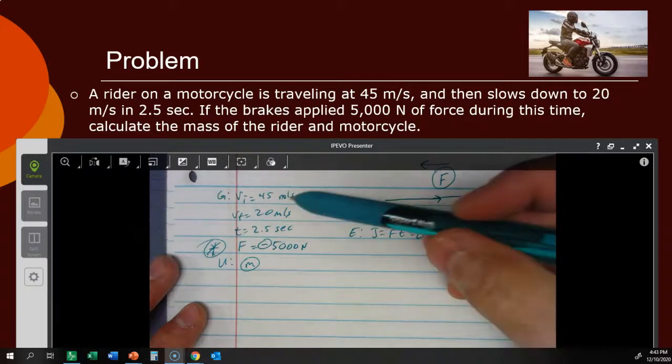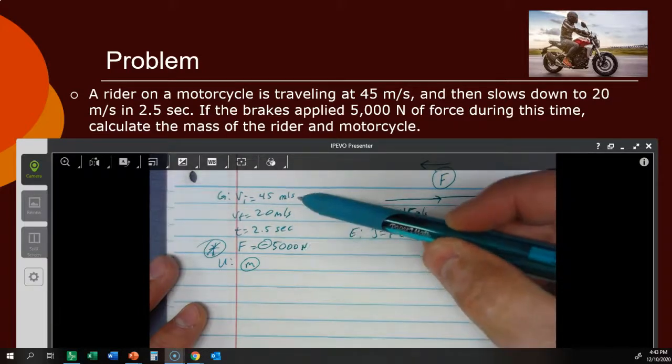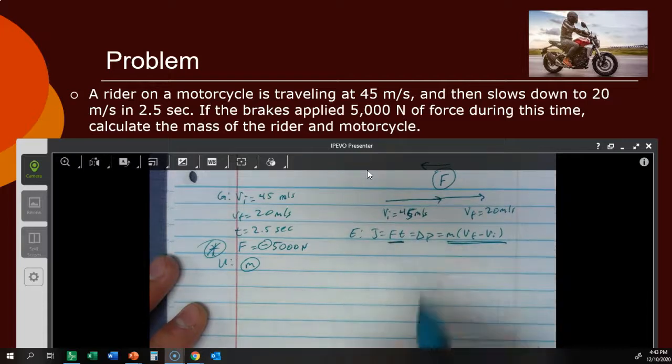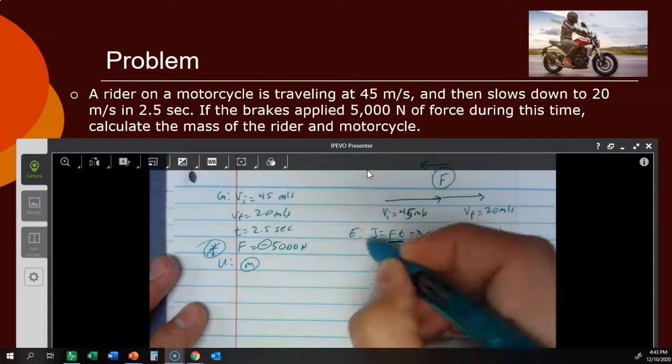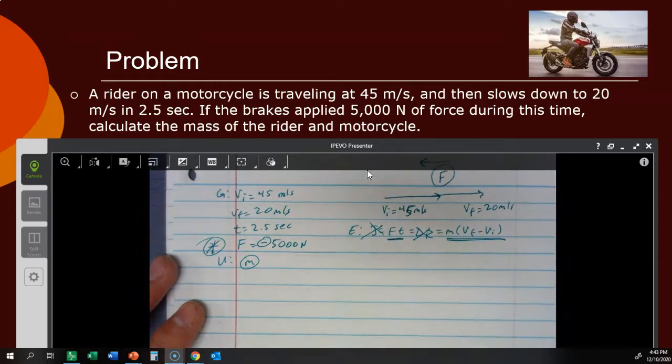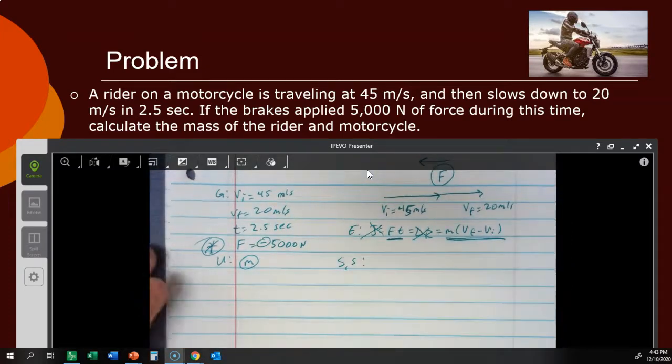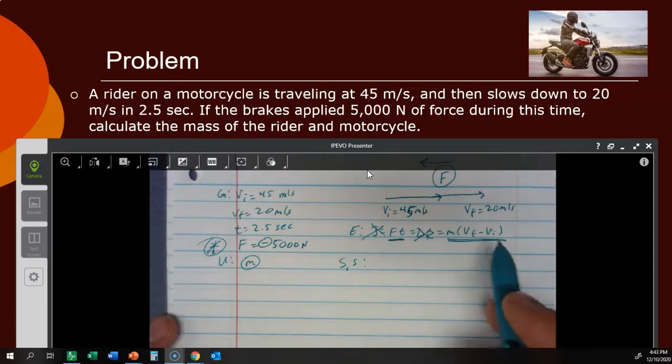And then based on what they've given us, the two speeds, which are in here already, and then the force and the time, we're going to go with Ft. Don't need delta p, don't need J on this one. Again, we can use any two parts of the equation based on what they're asking for and what they give us. Force times time, masses and velocities.